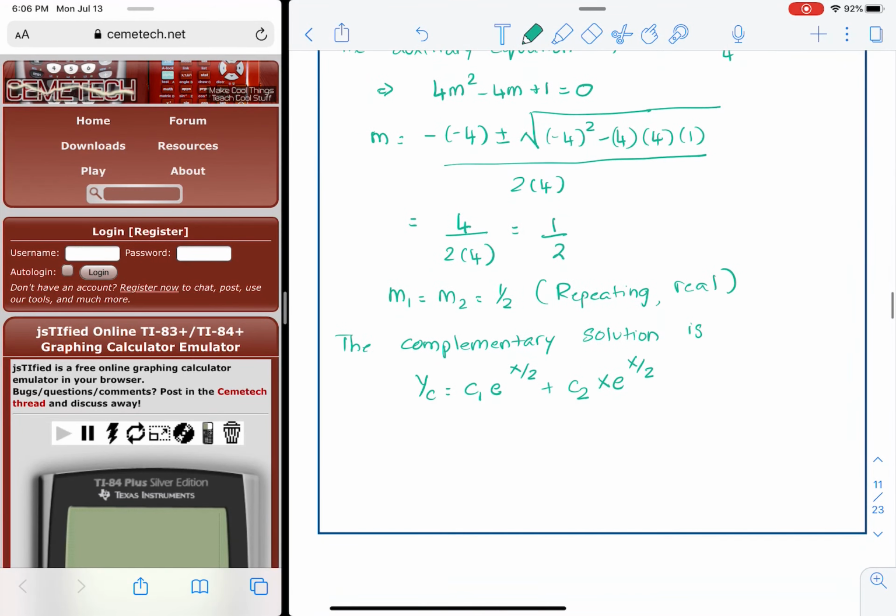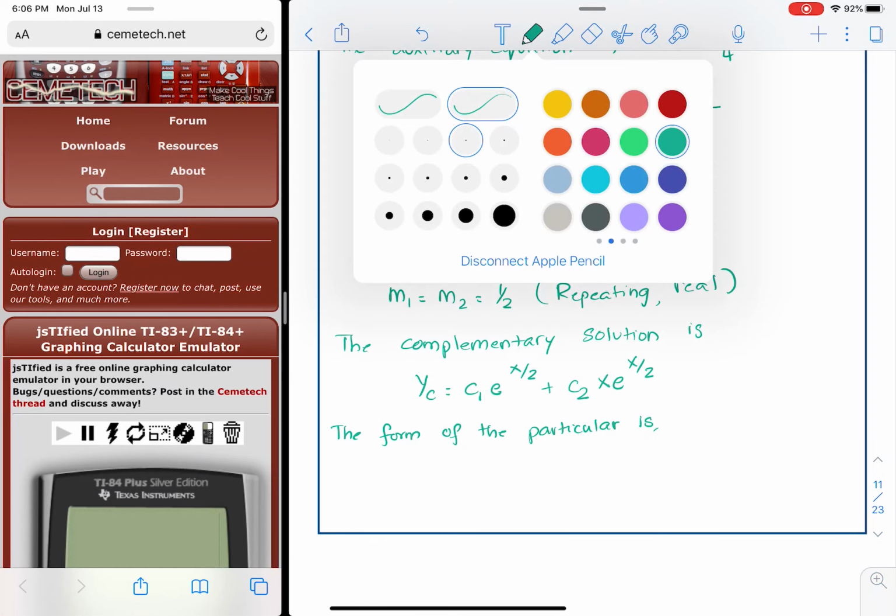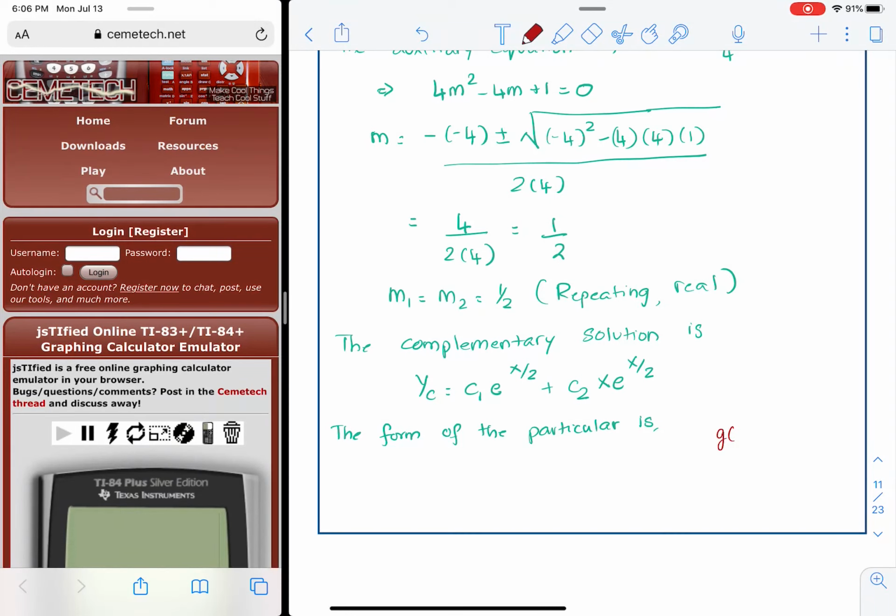So now we want to find the form of the particular solution. You have to look at g of x, of course. g of x is 3 plus e raised x over 2.